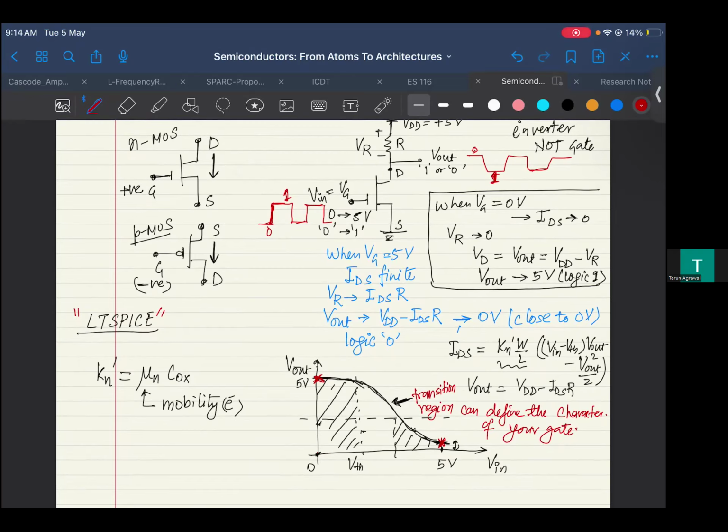In a gate we are talking about how fast it is switching, and that is very much dictated by this transition region. How fast or slow the current decreases or increases would define in the end how fast it is going to switch.